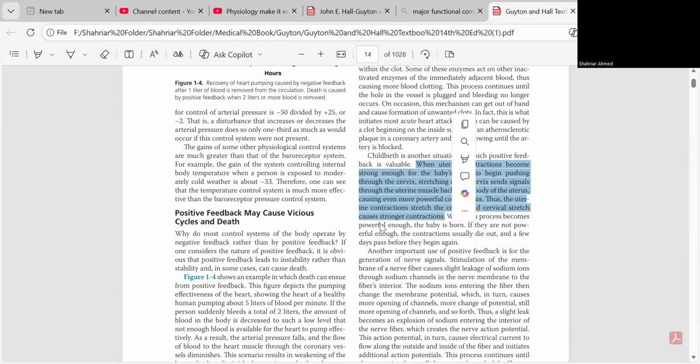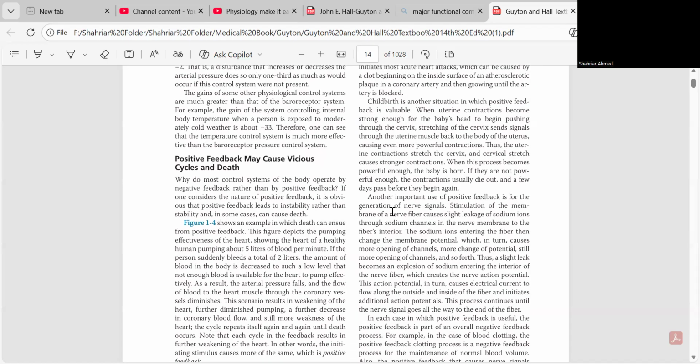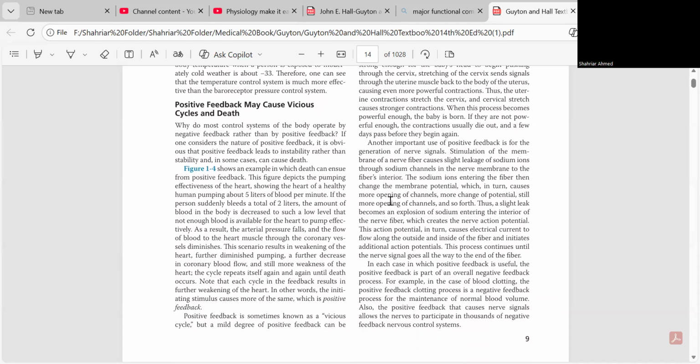So, in a nutshell, when uterine contraction begins during childbirth, more contraction will occur to deliver the baby. This is a useful example of a positive feedback system.